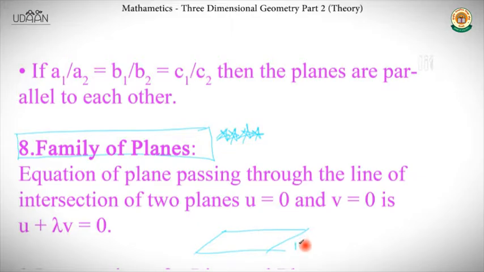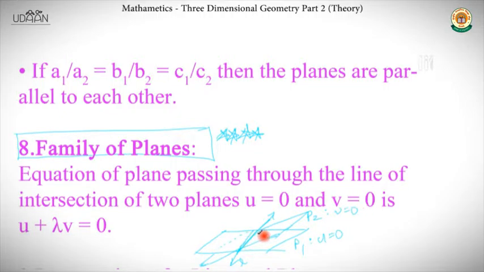So let's say this is P1 and this is P2. This is the common line of intersection L. Now plane 1 is u = 0 and plane 2 is v = 0.